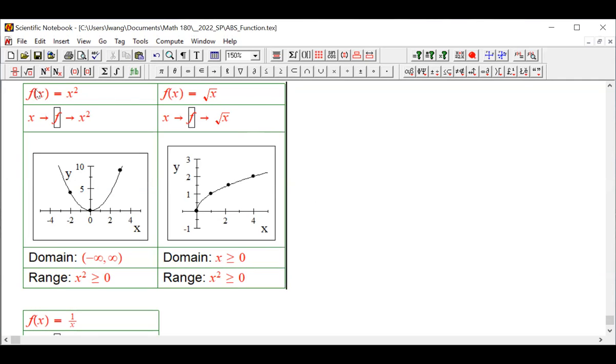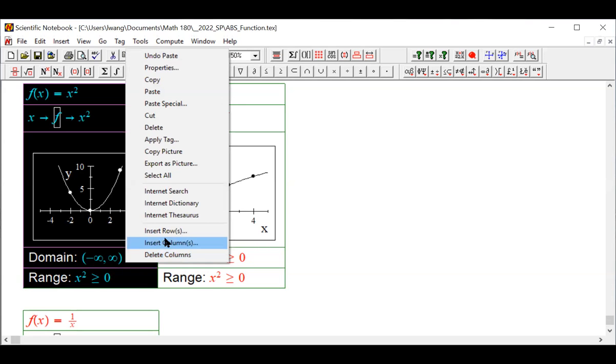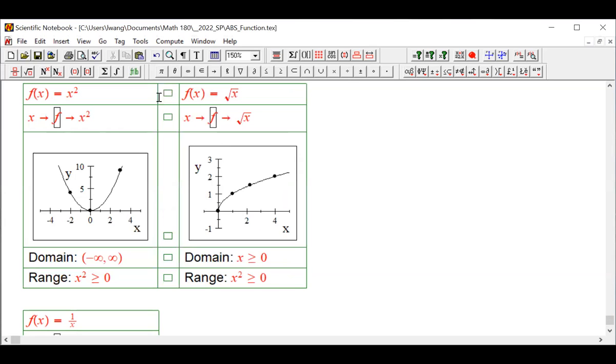And over here, I'm going to insert a column. And in this column, I'm going to put my absolute value function.